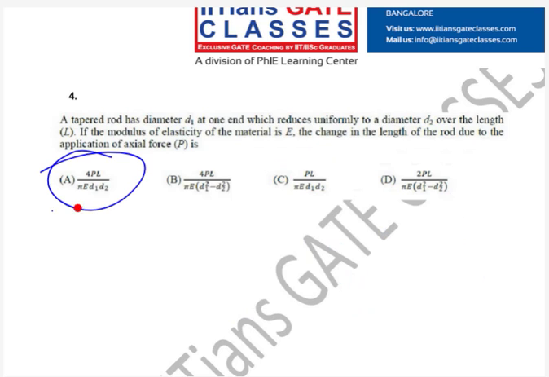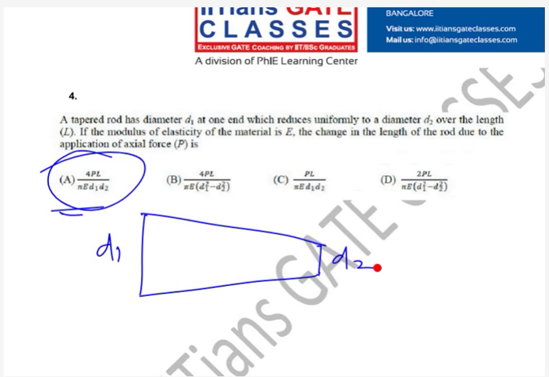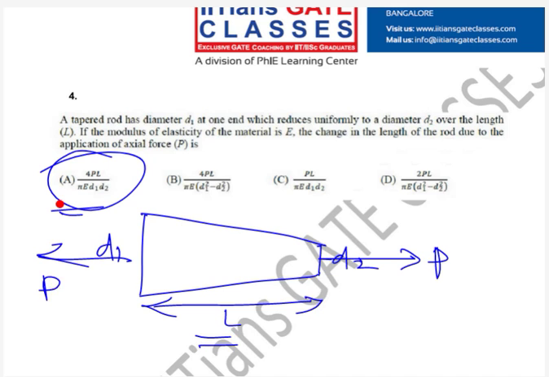We can always apply it for a tapered bar if your diameters are uniformly changing over length L. For the applied load P, your deflection is 4PL upon pi E d1 d2. Is it clear? Because we will use this in the next question.